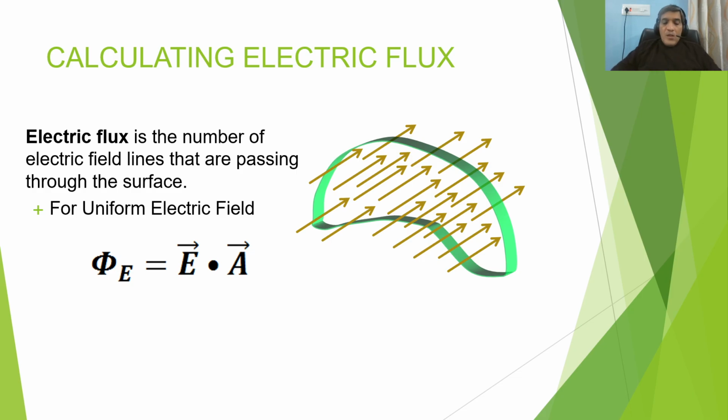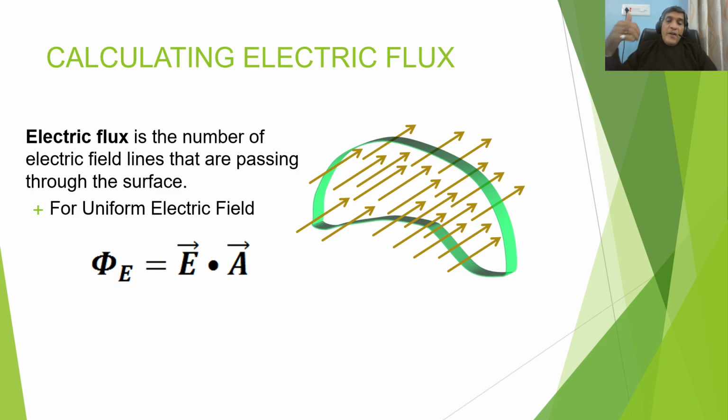Or in some other definition, if we have some surface and we put some charge, let us say charge q, outside the surface, this charge generates the electric field, and these electric lines of force enter the particular surface from one side and leave the surface from the other side.